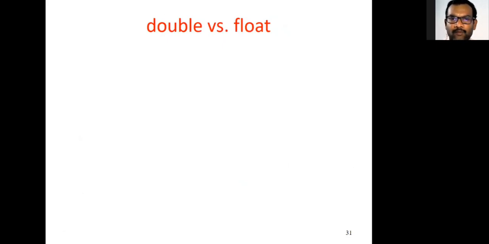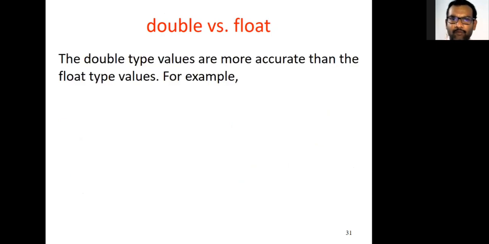Though float and double values are both used to work with floating point numbers, there is a slight variation between these two. We go for the double data type if we want more accuracy in the results. For example, in scientific computations like weather forecasting, much accuracy is required.